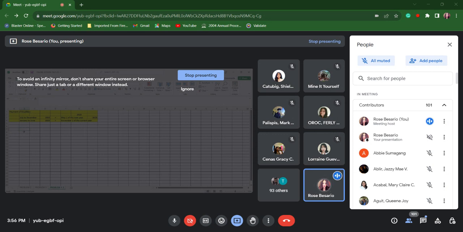So let's compute. Our concern is January to June 2023. How much is the interest or computation?